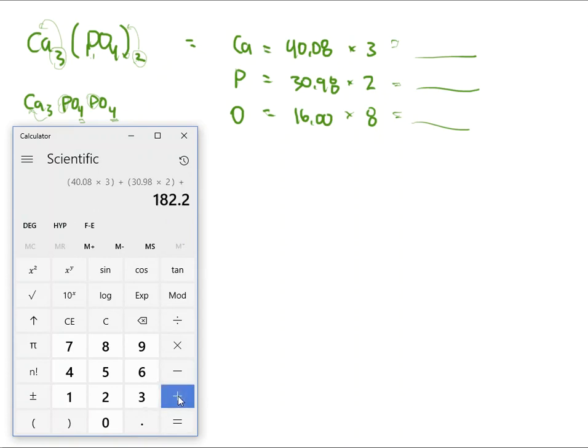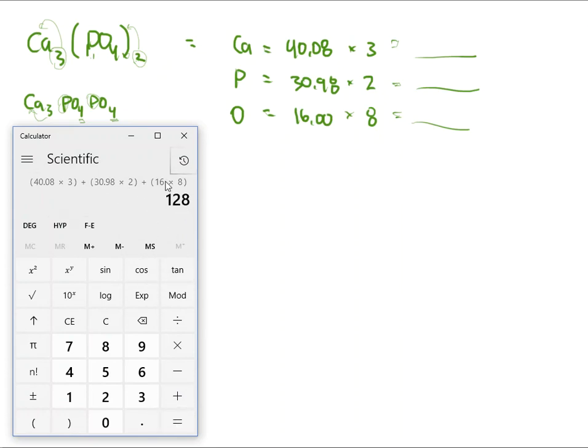And then I'm going to add to that, parentheses opened, 16 times 8, close the parentheses, that's 128. That's what that number represents, but now I have to hit enter, so that way it will add all 3 of those together.